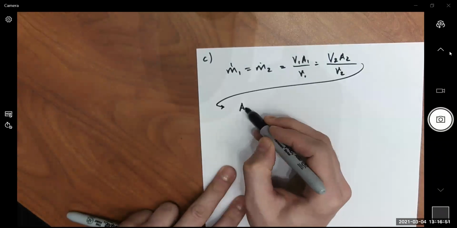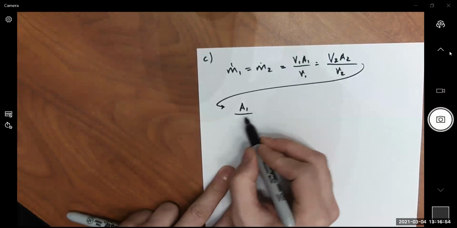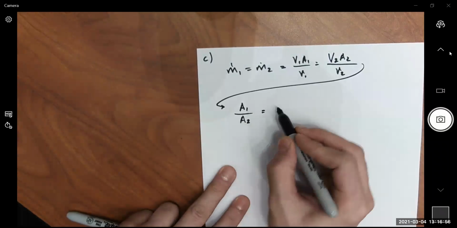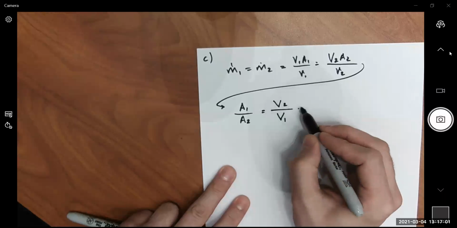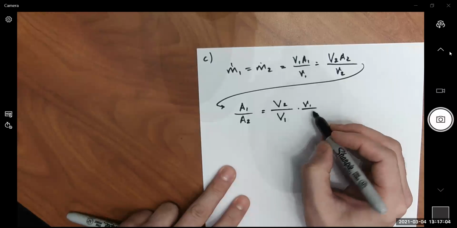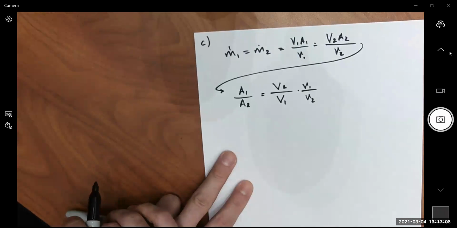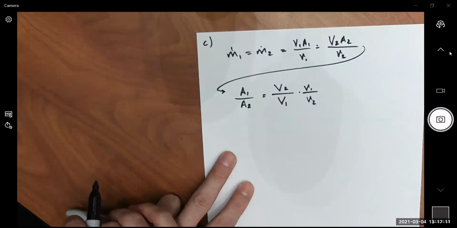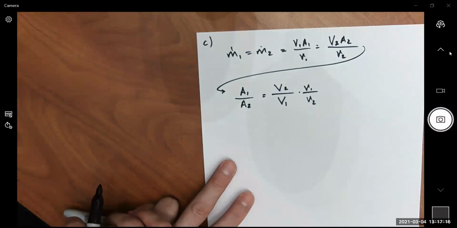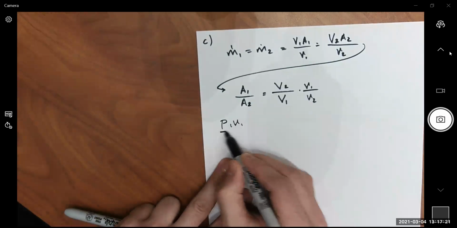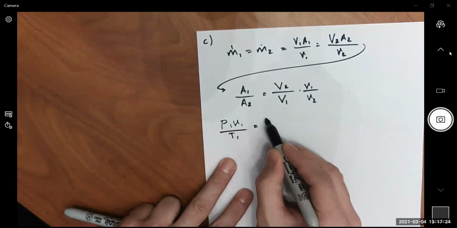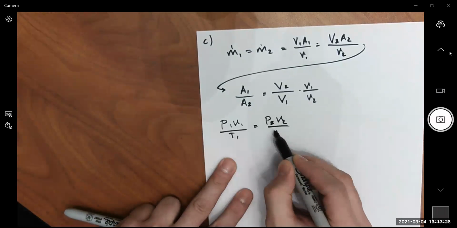If I leave the areas out, the ratio would be V2 over V1 times specific volume 1 over specific volume 2. And I also know P1 V1 over T1 will be equal to P2 V2 over T2.